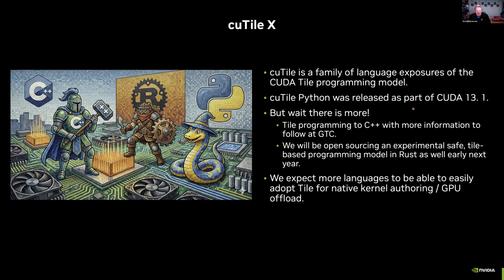But you can expect that this will be a growing ecosystem. And the fact that we can get performant code out of reduced user involvement is pretty appealing across languages.